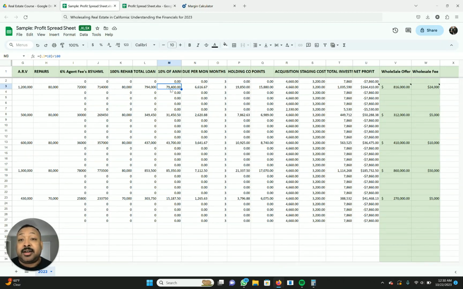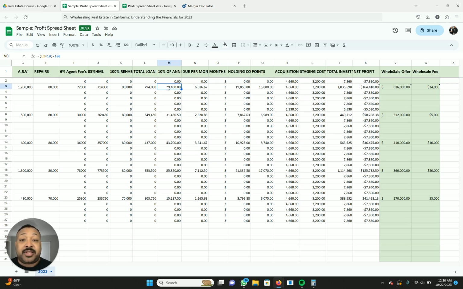The way the 10% works is the hard money lender charges them 10% on $794,000 annually. So that's going to be 790,400. Let's round it up to 80,000. That's going to be the annual amount.